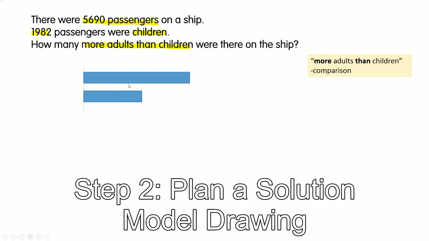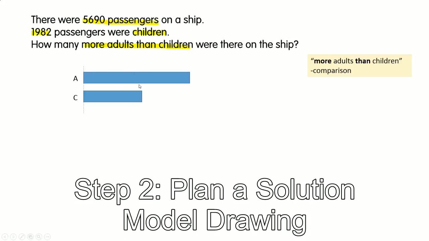What does the longer model represent then? As you can see in the question, they say, how many more adults than children were there on the ship? More adults than children. We know that there's actually more adults than children. Hence, the longer model will represent the number of adults. Shorter model will represent the number of children.